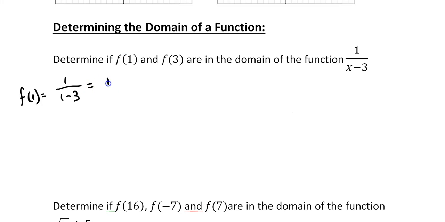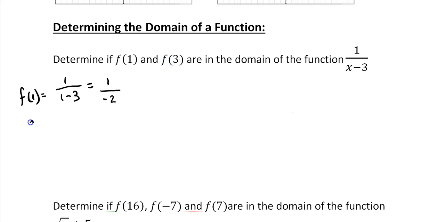When I subtract this, I'm going to have a -2. So this is my solution right here, it's going to be -1/2. That's allowed. That's fine. There's no reason I would have to exclude a number there.